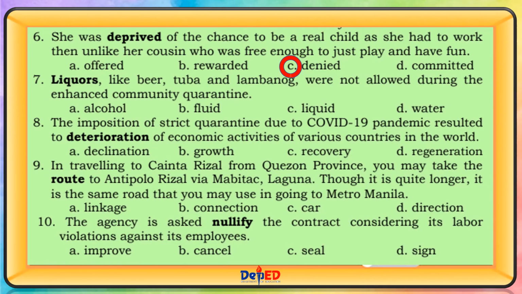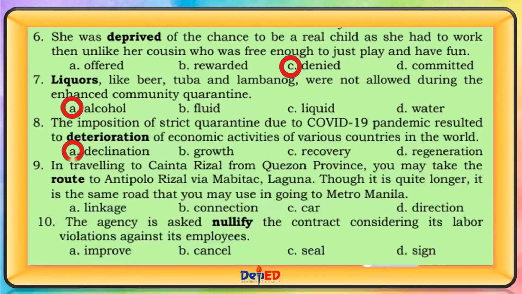Liquors like beer, tuba, and lampanog were not allowed during the enhanced community quarantine. The answer is letter A, alcohol. The imposition of strict quarantine due to COVID-19 pandemic resulted to deterioration of economic activities of various countries in the world.